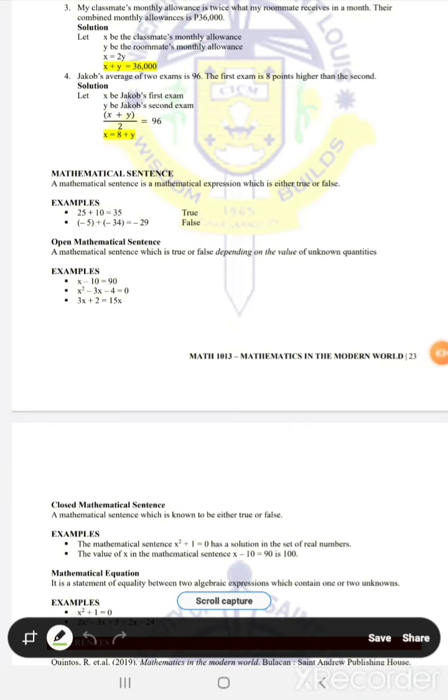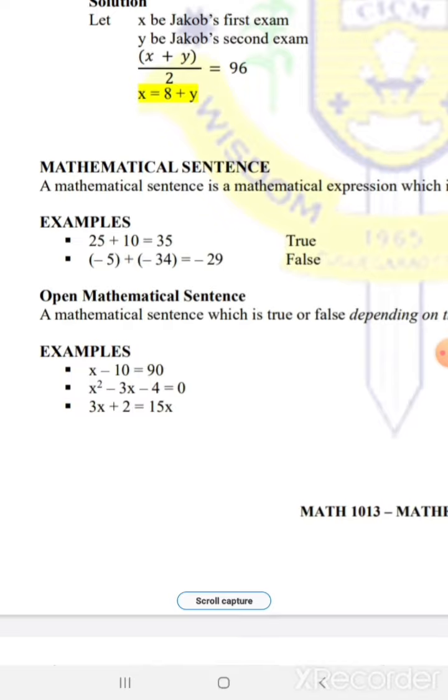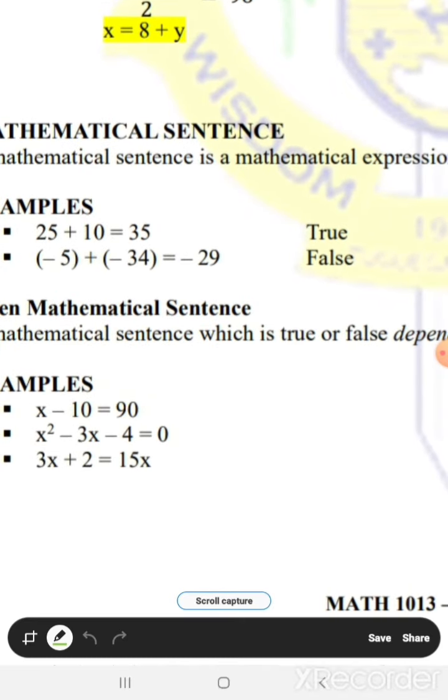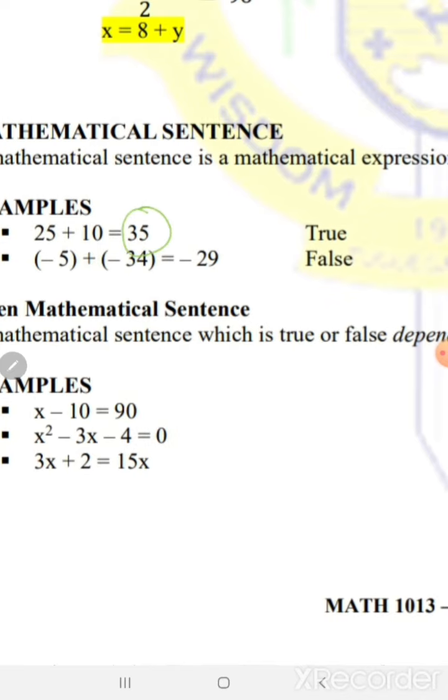A mathematical sentence is a mathematical expression which is either true or false. So take note that the mathematical expression is just a part of your mathematical sentence. In this example, we have 25 plus 10 equals 35, which means it is true. Because if we add your 25 and your 10, we would have a value equal to 35.